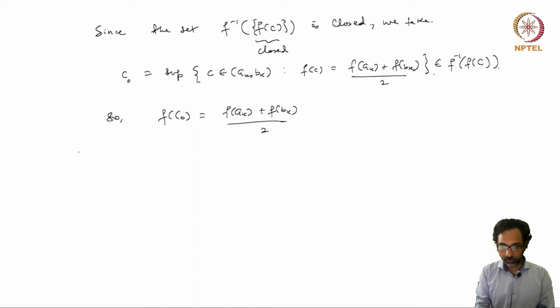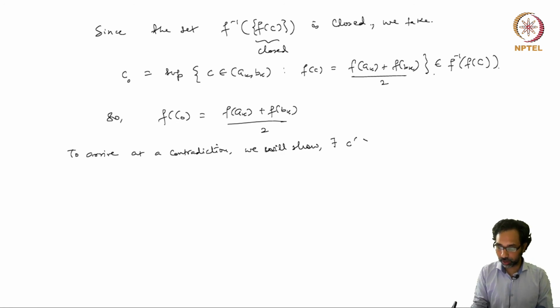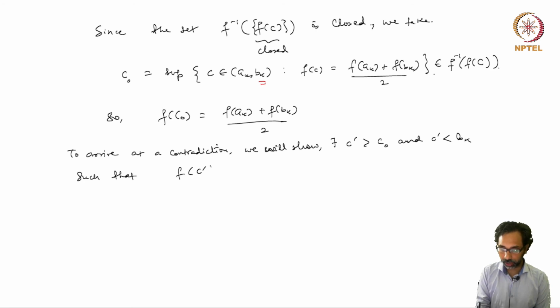And now to arrive at a contradiction, we will show that there exists c prime strictly greater than c naught and less than the right hand point bk, such that f(c prime) is also equal to f(c naught).